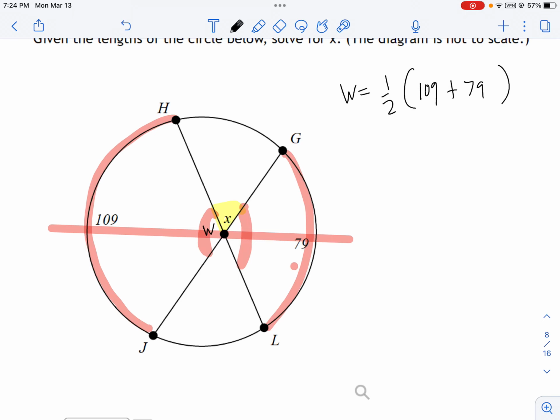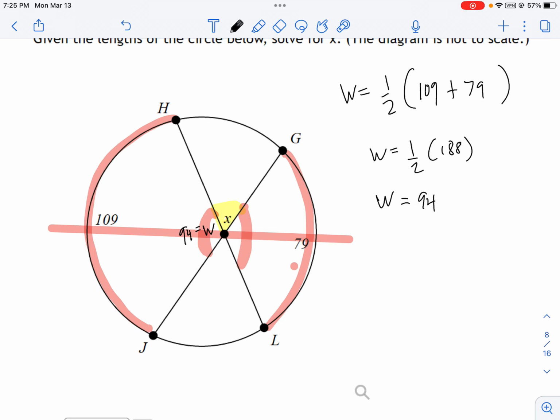So we have 109 plus 79, that'll be 179 plus 9, 188. So we're taking half of 188 there, which is 94. So that means that our W here is equal to 94. Now, why do we care that we have a 94 there?